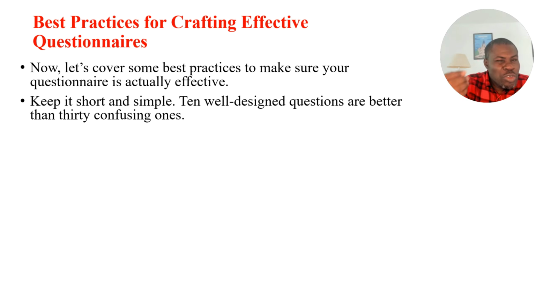So you want to keep them simple so that respondents will think about them and then respond appropriately to the ones that apply most to them. I would recommend anything between 5, 6, 7, 8, 9, and 10, maybe a maximum of 10.